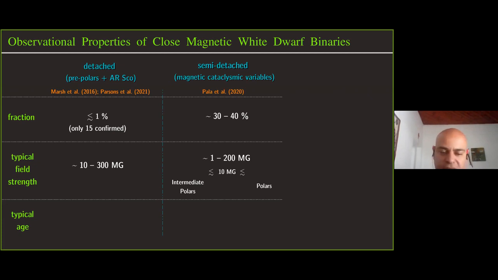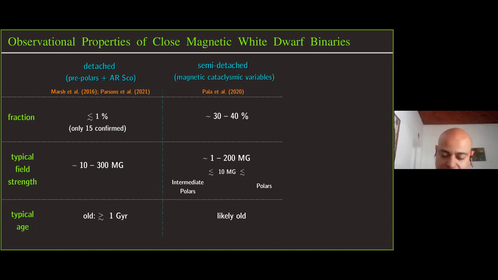About the field strength in these populations, the fields are usually stronger than 10 megagauss, but we also have a population with weaker magnetic fields in CVs, the so-called intermediate polars. And the systems are expected to be old, but for the detached population, we can measure more easily the age and the temperature of the white dwarf, and they are usually older than 1 gigayear.